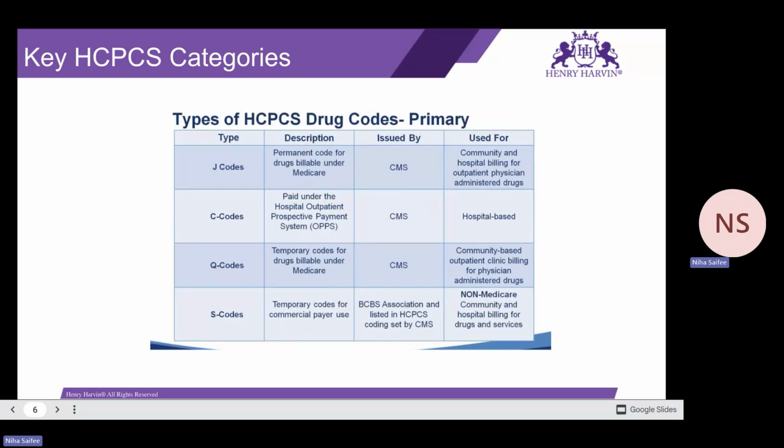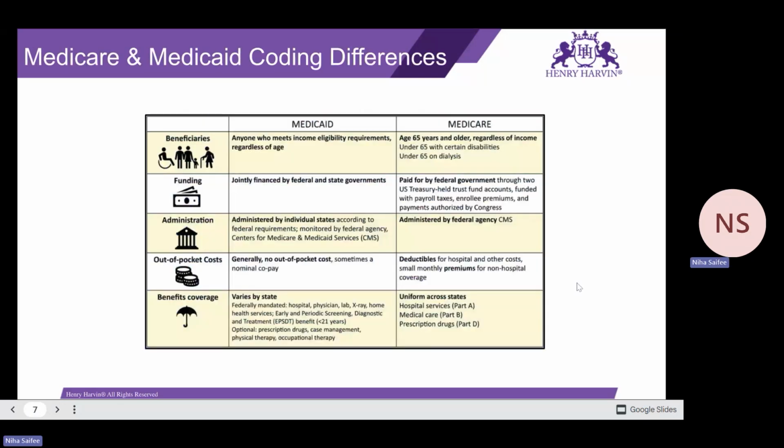Understand? So there are certain code sets in HCPCS which are controlled by another organization in association with CMS. They are non-Medicare because they are not overseen by CMS, so these are non-Medicare community and hospital billing for drugs and services. We have different chapters in HCPCS, and when you come to the coding course, you will learn everything about it.